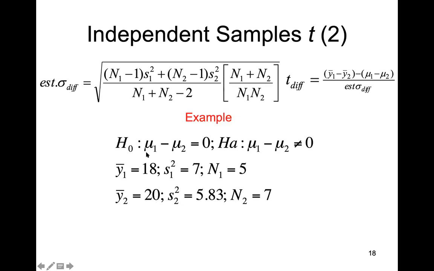My null hypothesis is that the difference between these two groups is 0. There is no difference between the means. Please start working on it, and then we will discuss after you finish it.